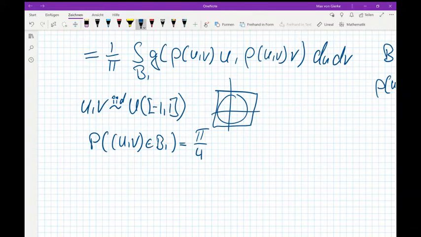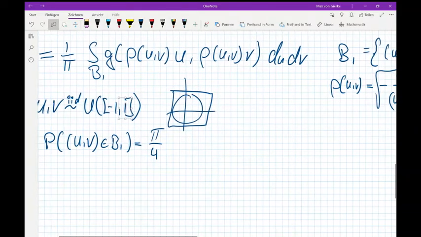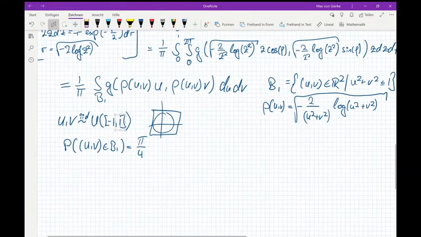So where does this equality come from? It's just the area of a circle and the area of a square. So circle, square. Okay, so we have this now.